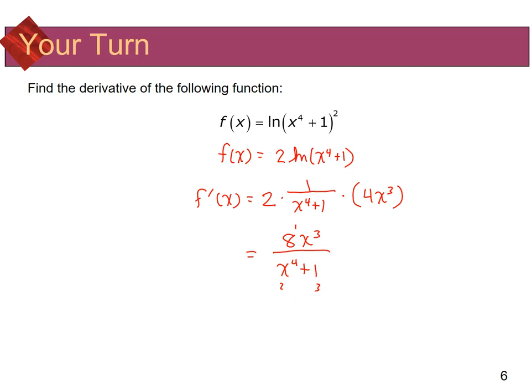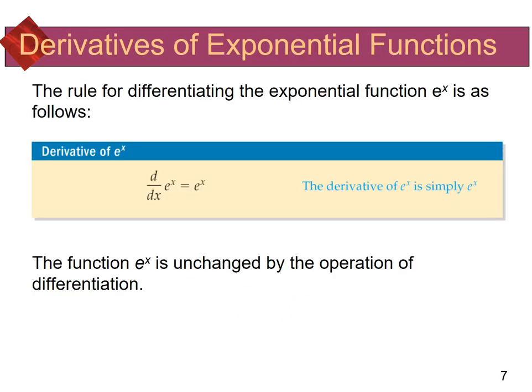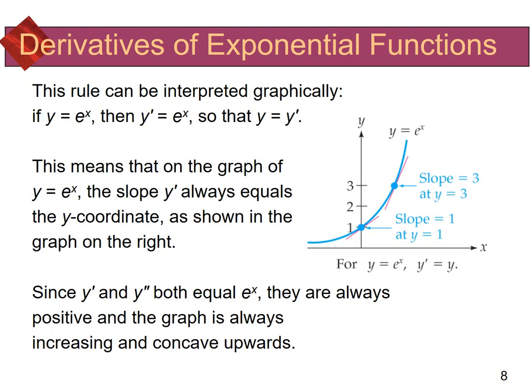Now, the derivative of e to the x is one of the simplest derivatives that you're ever going to have to deal with, because the derivative of e to the x is simply e to the x. I'm not going to go through every detail about this. Here's the explanation as to why. That's kind of why the function was created and made.